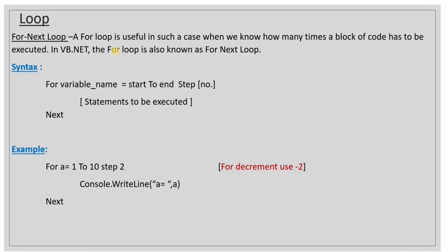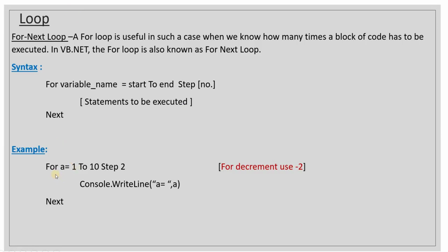The step parameter is used to determine by how much the counter value of a variable is increased or decreased. If the counter value is not specified, then it uses 1 as a default value. Then the statement to be executed, and then we write next.